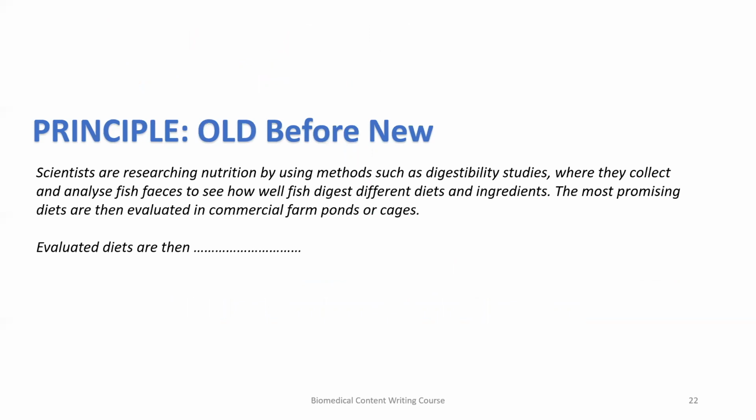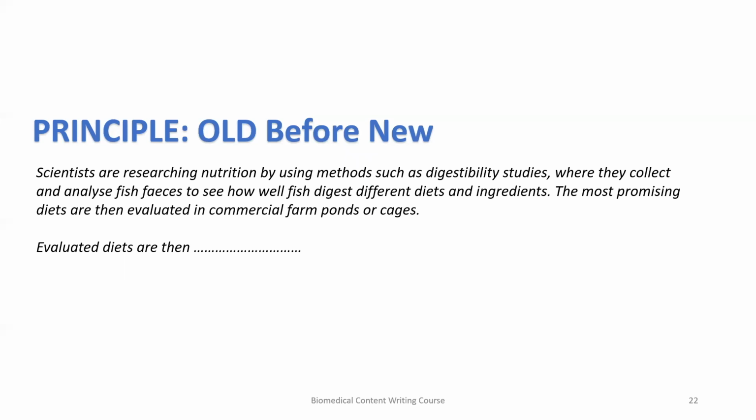And this says that whenever you are writing a sentence, just see in this particular slide, the sentence says the scientists are researching nutrition by using methods such as digestibility studies, where they collect and analyze fish feces to see how well fish digest different diets and ingredients.